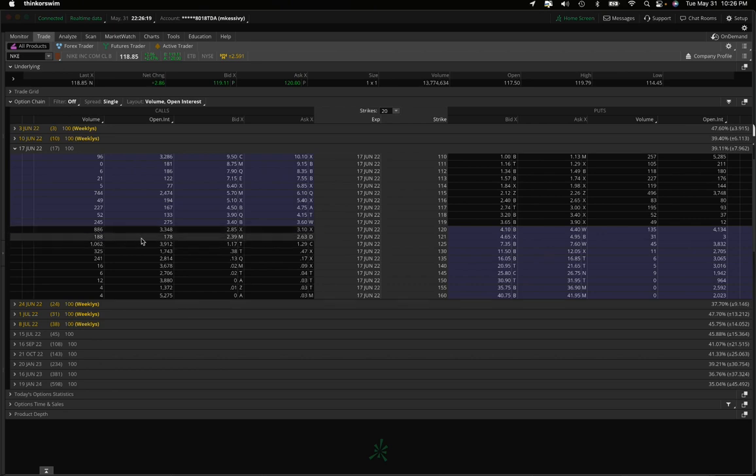And then open interest wise, we can see that 125 looks good. I would even say 135 looks good as well. Right? So let's do 130. So what we'll do is we see that this is $47.